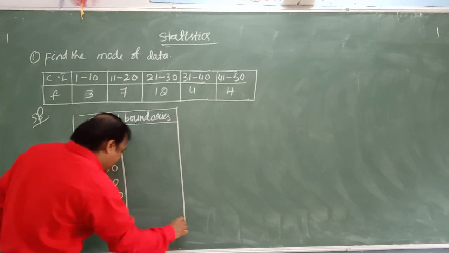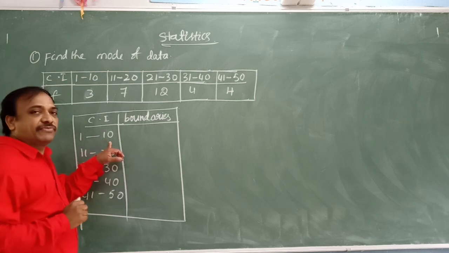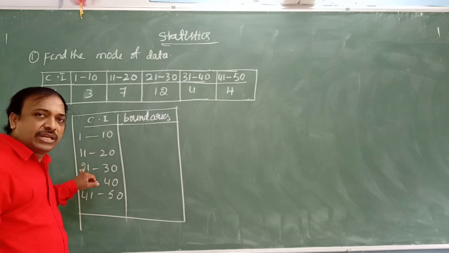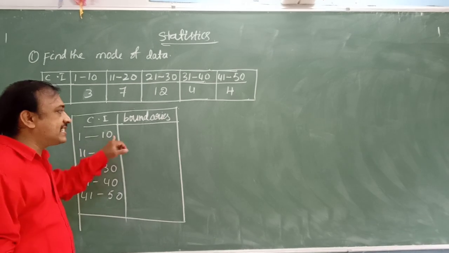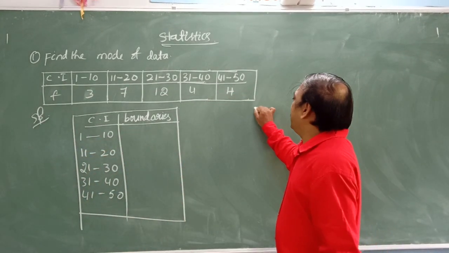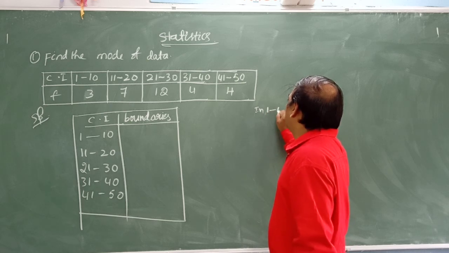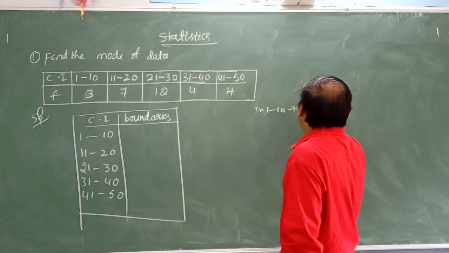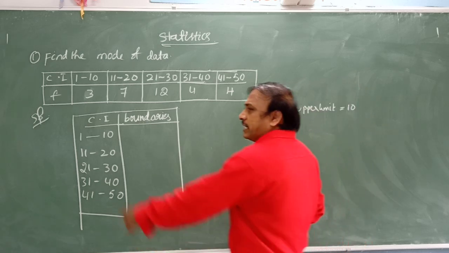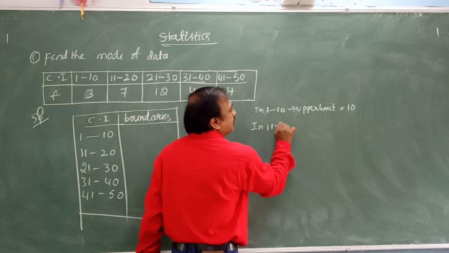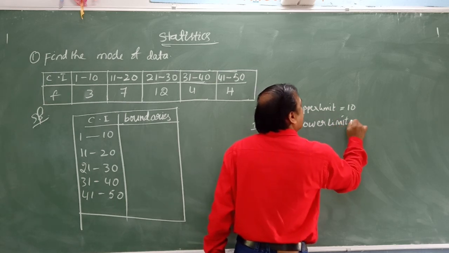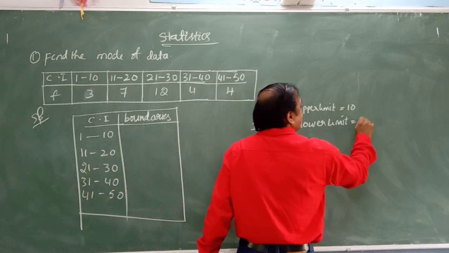What are these boundaries? See the upper limit of the first class interval and the succeeding lower limit, 11 and 10. The difference of those two you have to find out. In 1 to 10 the upper limit is equal to 10. Next, in 11 to 20 the lower limit is 11.